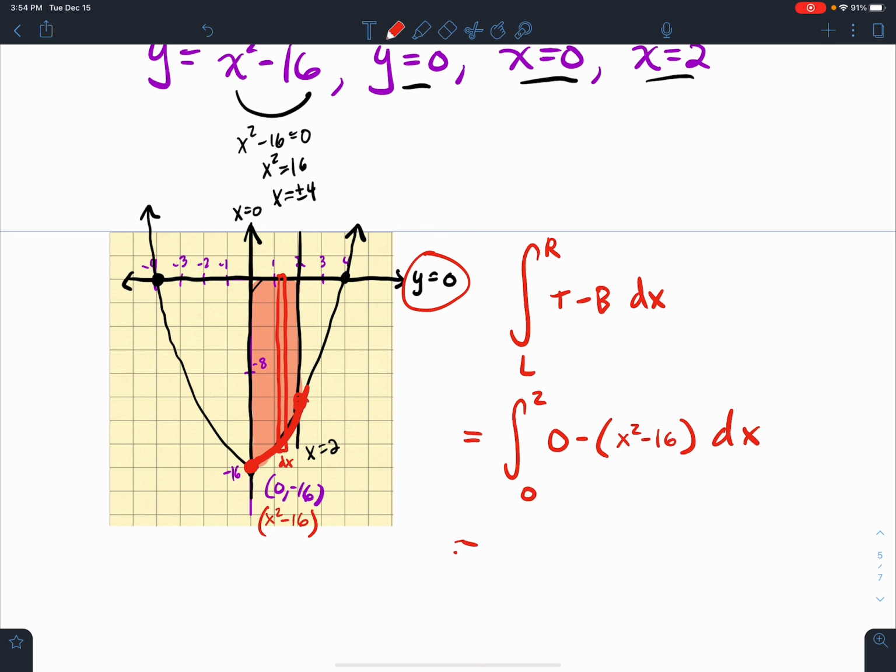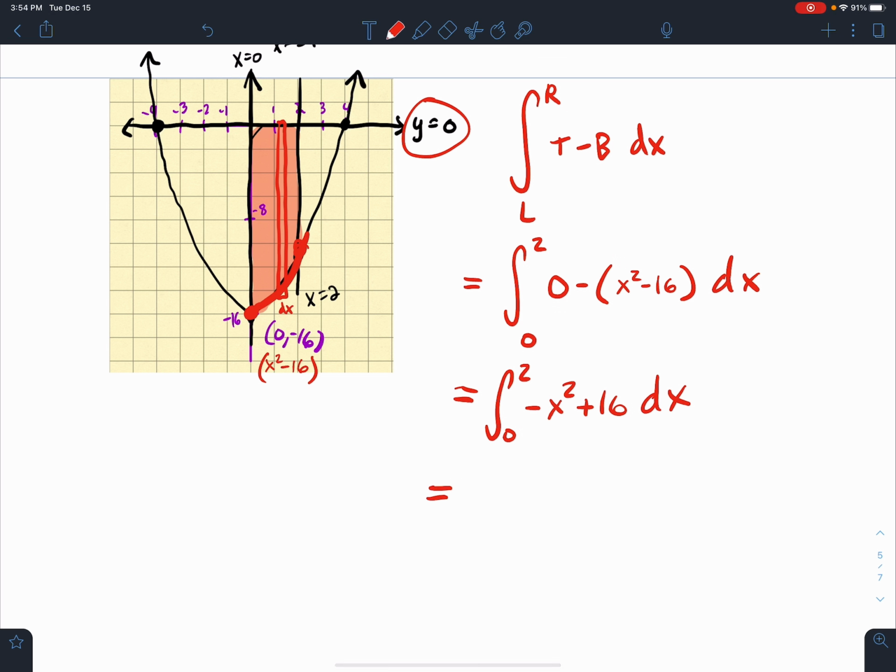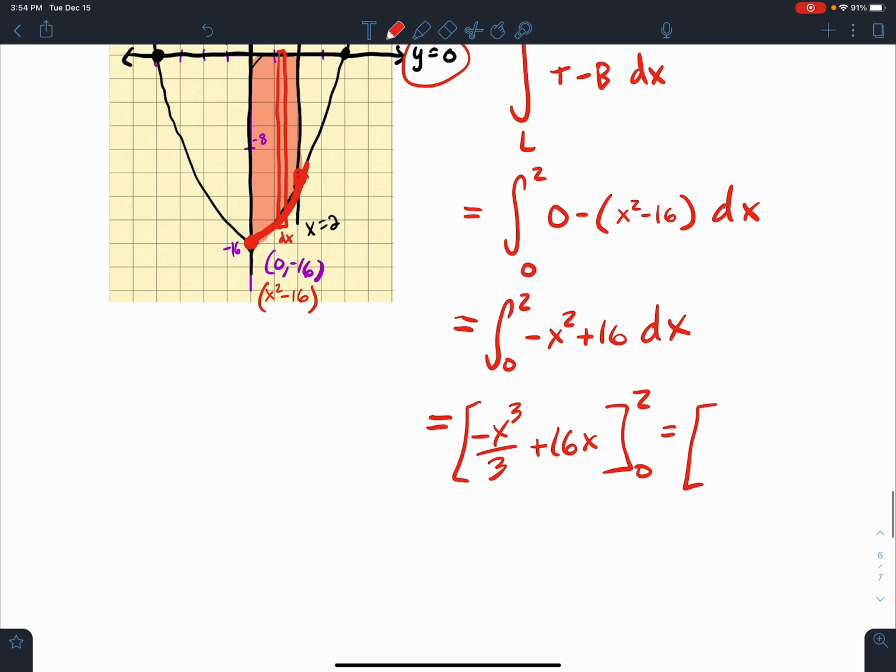And so this is going to get me the integral from 0 to 2 of negative x squared plus 16 dx, which equals, integrating, negative x cubed over 3 plus 16x, evaluated from 0 to 2. So this is equal to F of b minus F of a, which is negative 2 cubed over 3 plus 16 times 2.